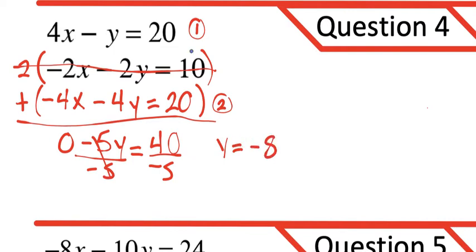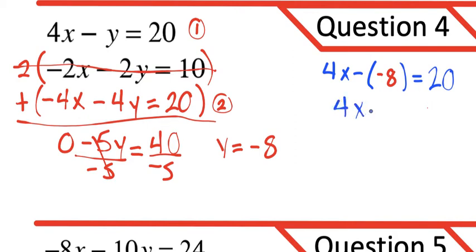Now we can use y to plug it into any equation to try to figure out what x is. If we start off with equation number 1, 4x minus, we can plug in y here, -8 is going to be equal to 20. When you have minus negative, that turns into a positive, and we'll have 4x plus 8 equals 20.